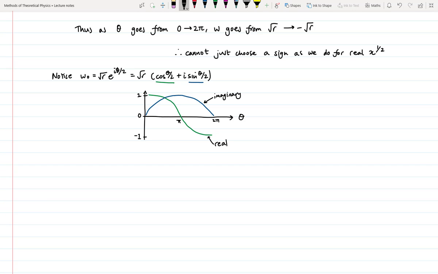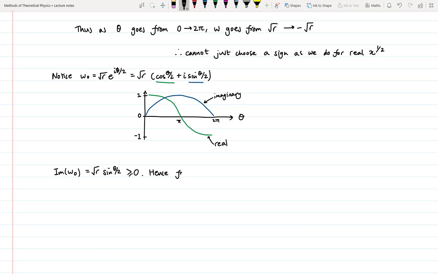This is the whole range for the parameter theta, and crucially we see that the imaginary component of this complex number is always positive. I'll write that down here, that the imaginary part of w0, which is given by root r sine of theta over 2, is always greater than or equal to 0.